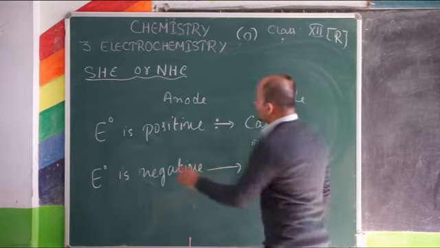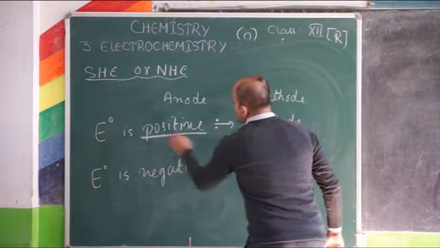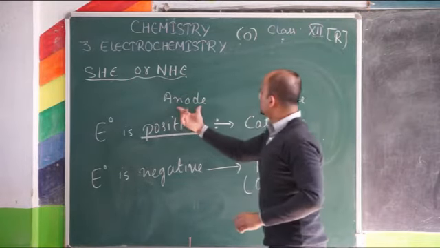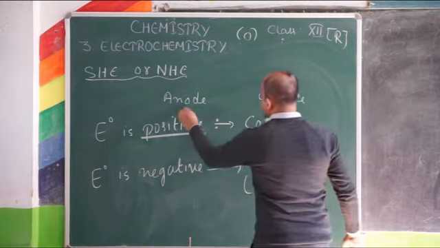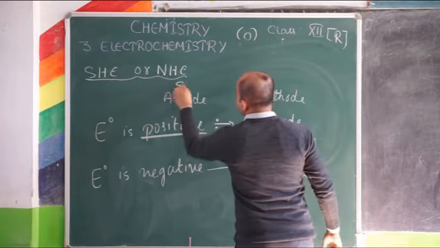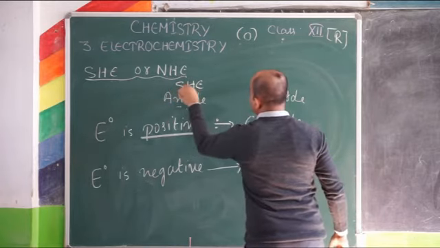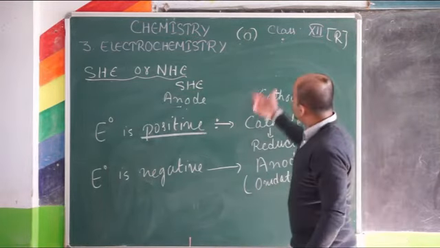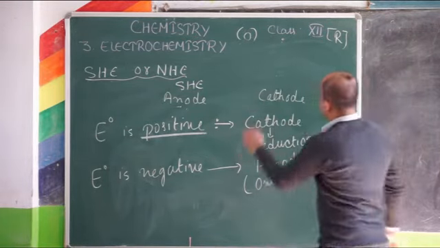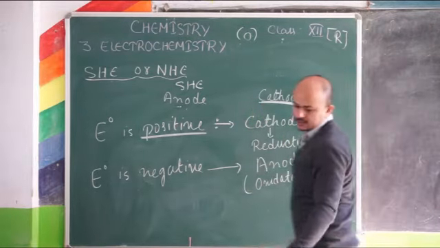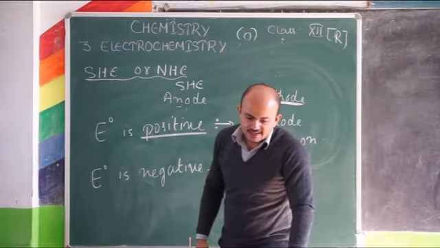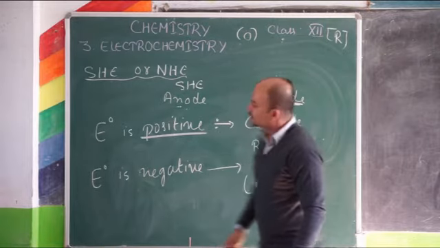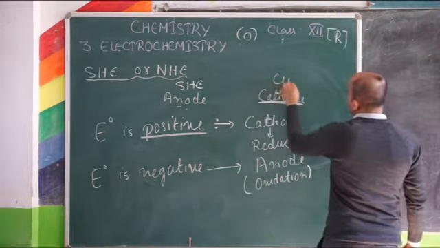So whenever you have this E0 value as positive, then your standard hydrogen electrode will be placed as anode here, and whatever you are using will be placed as cathode. You have to remember this. Like copper. Copper will be placed here.